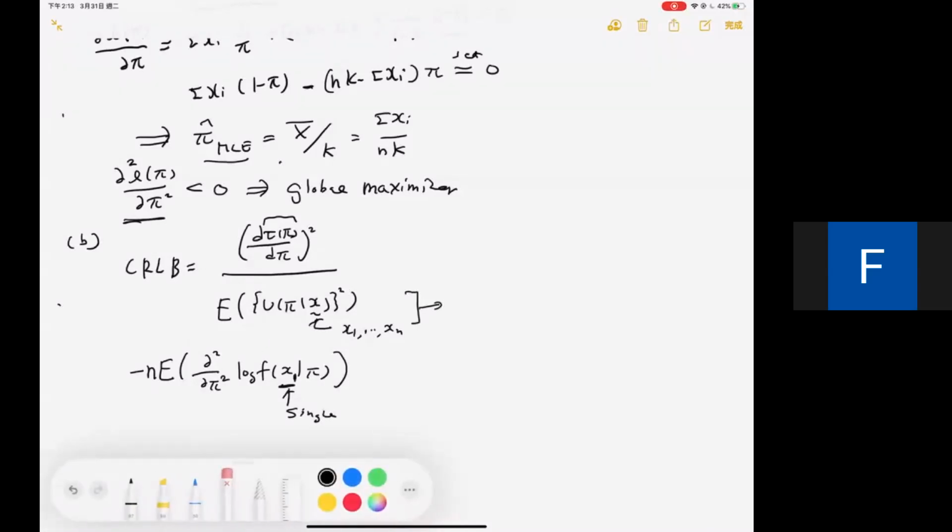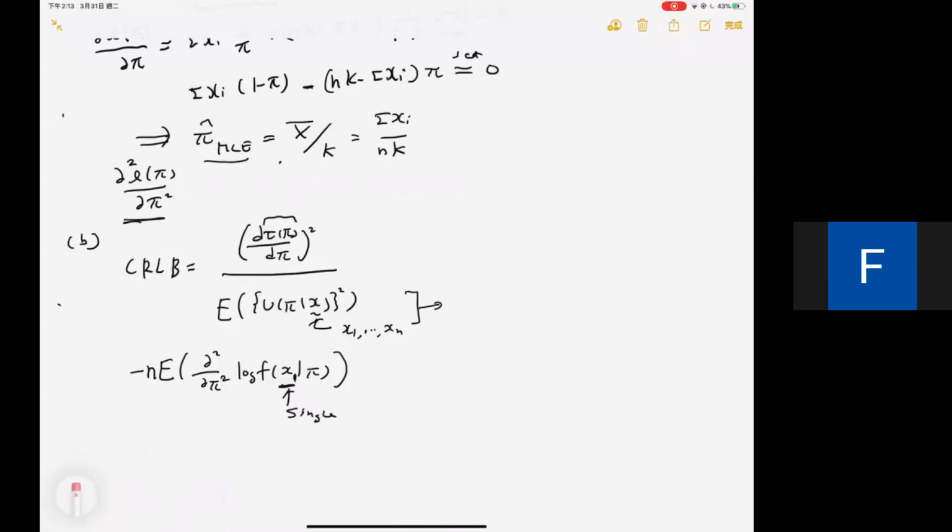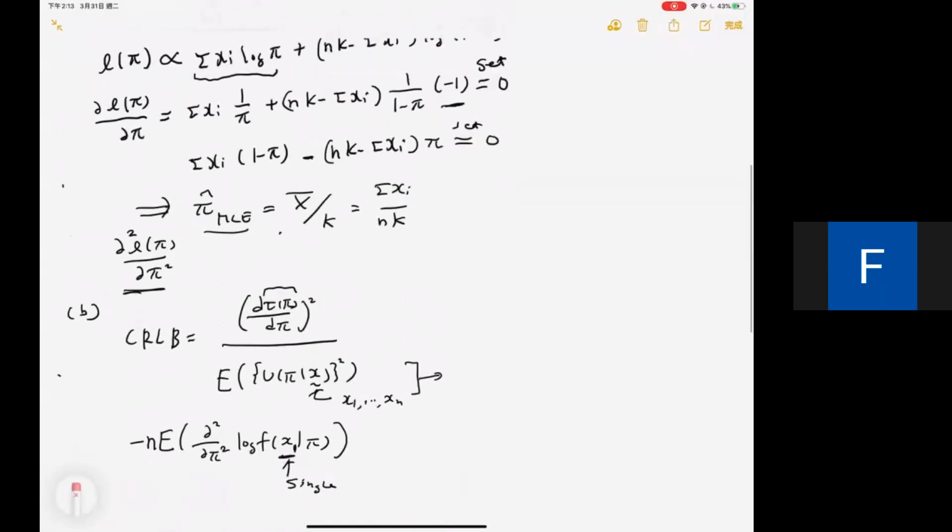So what's next then? You do need to derive your second derivative right here. I think it's not that difficult.